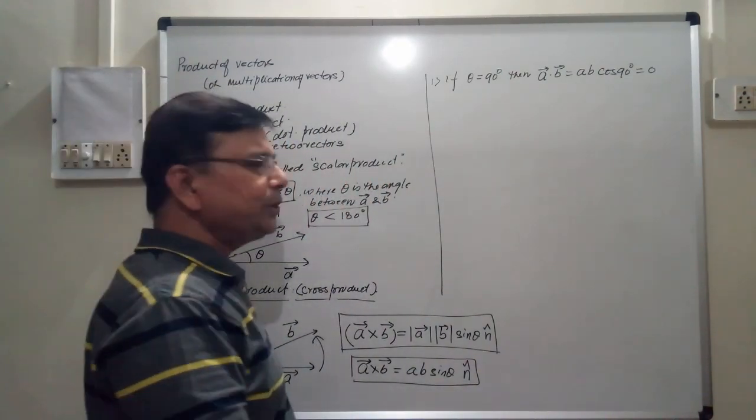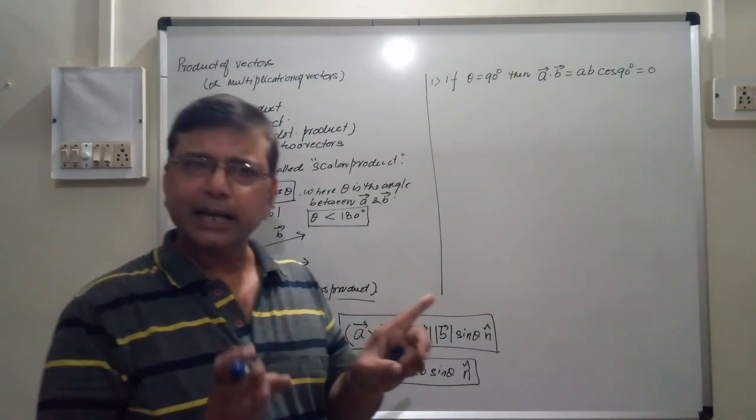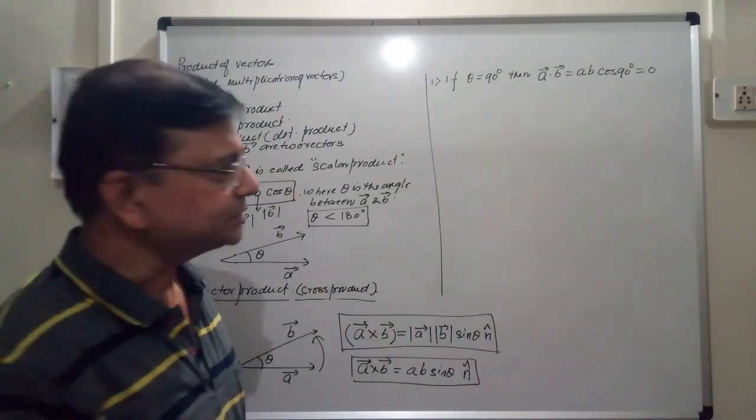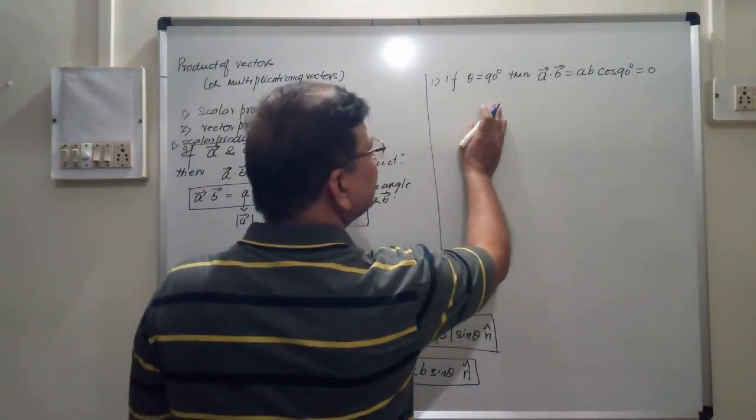It means when two vectors are making 90 degree with each other, their dot product will become 0. Then what about cross product?